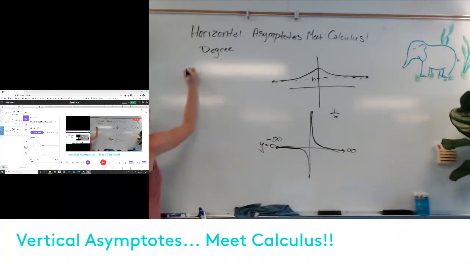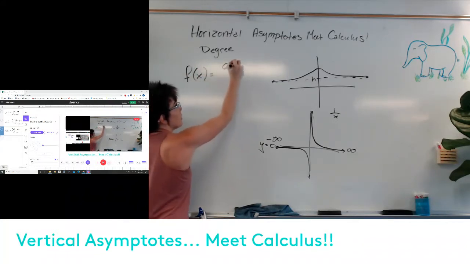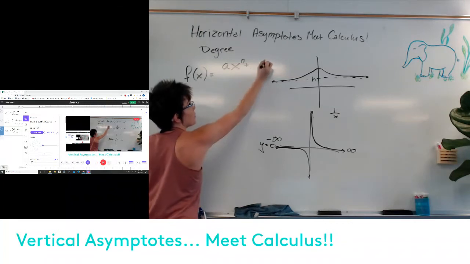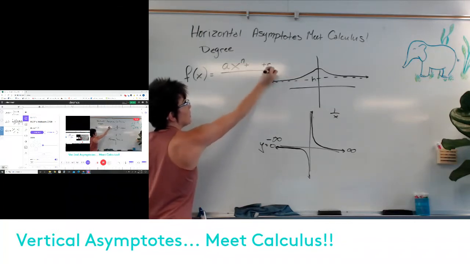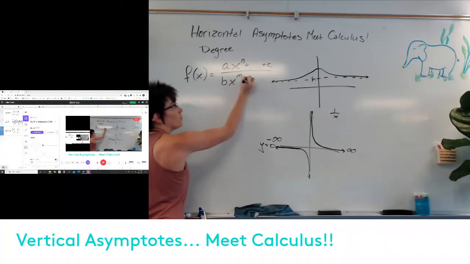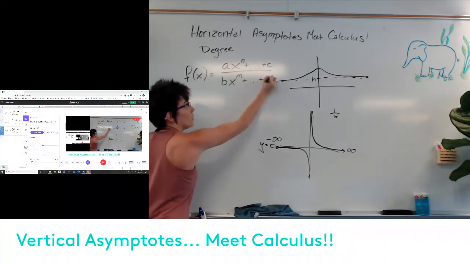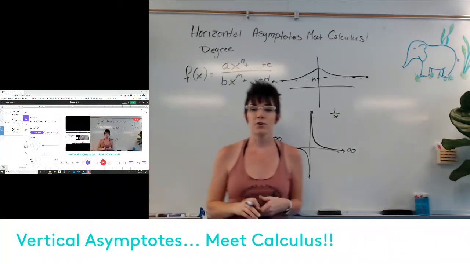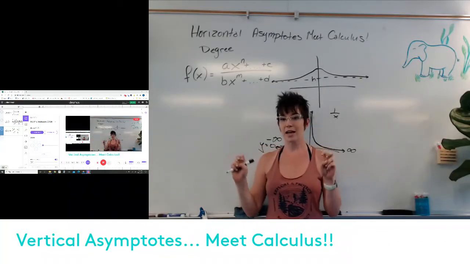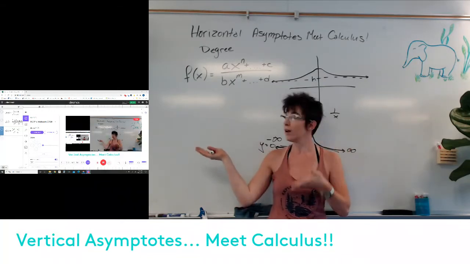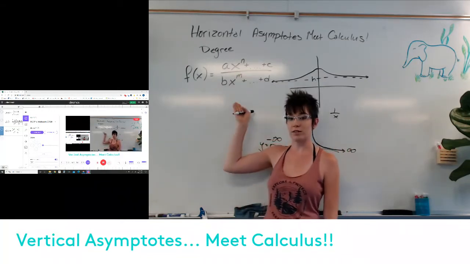If you're given some kind of a function like this, and it's made up of polynomials, in general, we might describe polynomials in this way. So notice how I'm using the letters n and m to represent the highest power of either the numerator or the denominator.